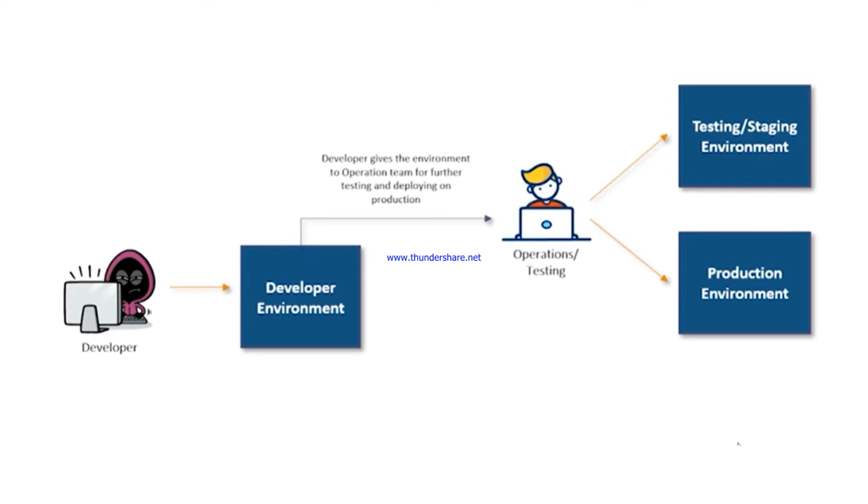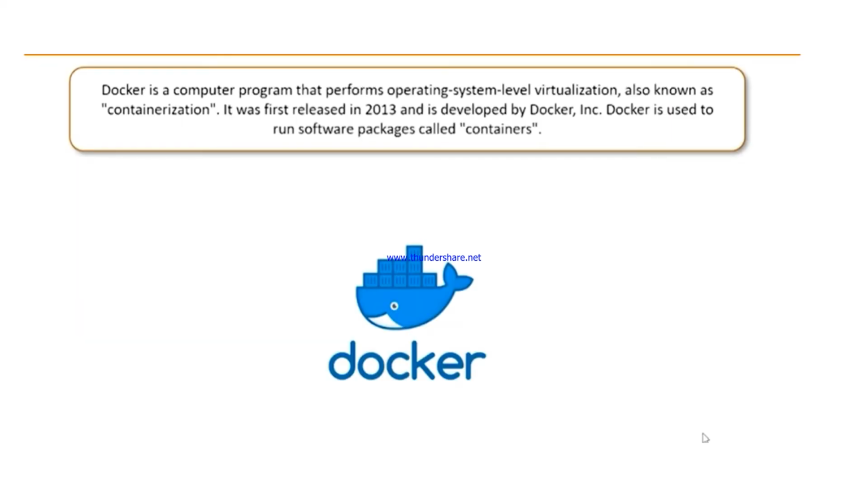Developers should create a developer environment, testers should create a testing environment, and there is a production environment. Whenever we create these types of environments, that problem will be resolved. After that, we can use the environment in a container-wise way.